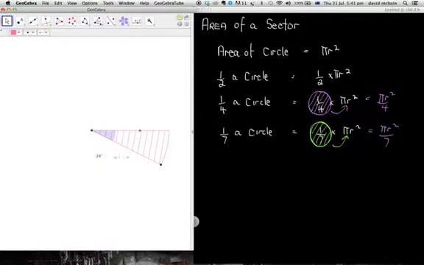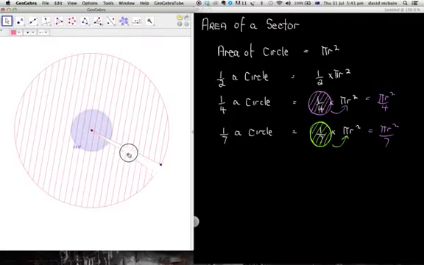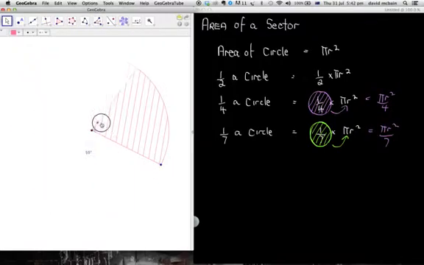The one thing we need to remember is that in a full circle there are 360 degrees. So every circle contains 360 degrees. We'll just write that down because that's really important to remember.